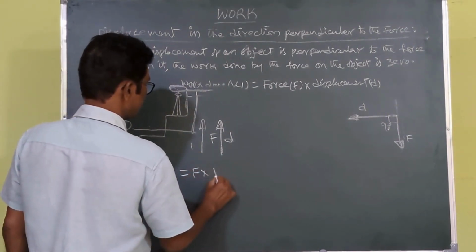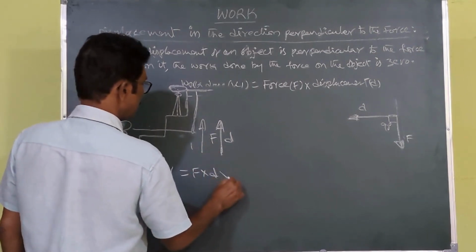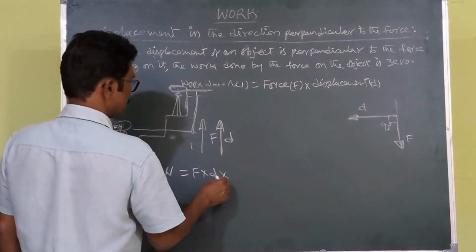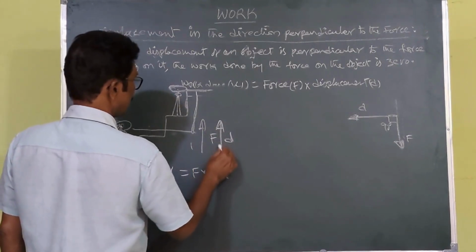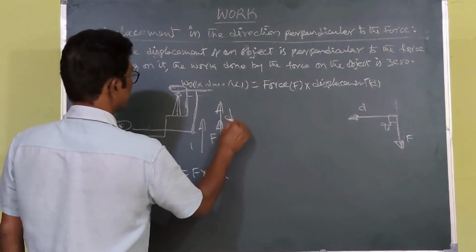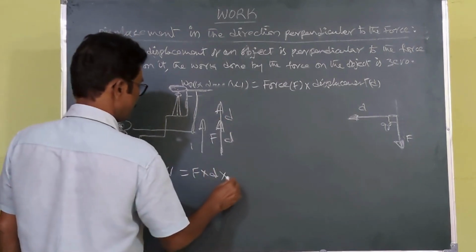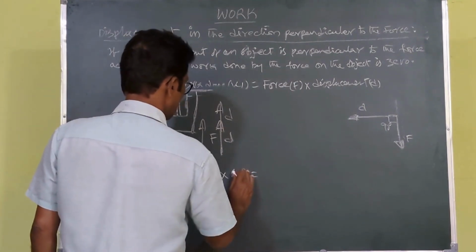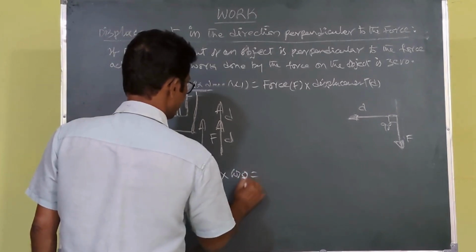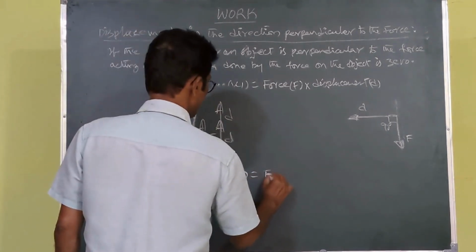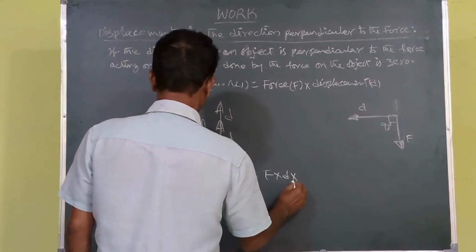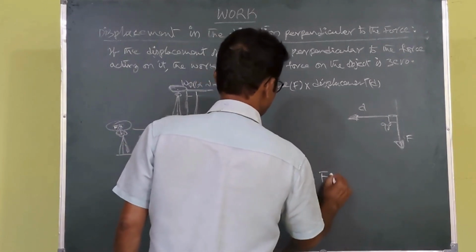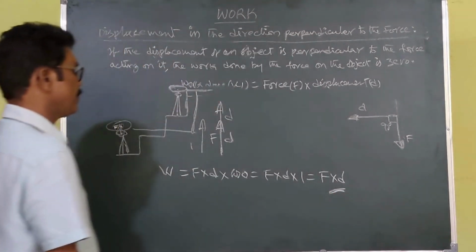Both are in the same direction, so theta is 0 degrees. Work done is F into d into cos 0, which is 1, so F into d, a positive value.